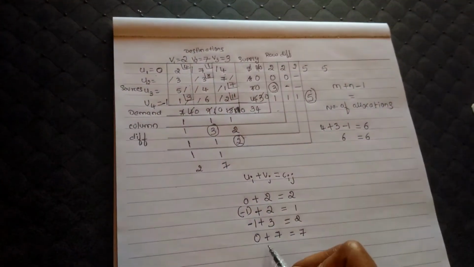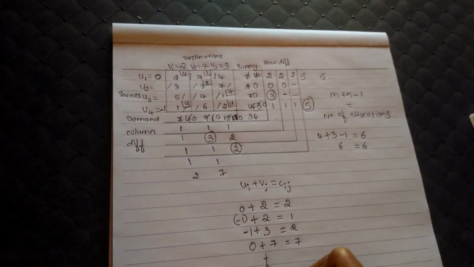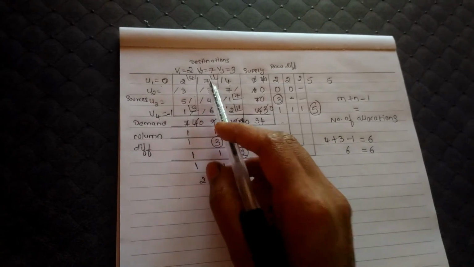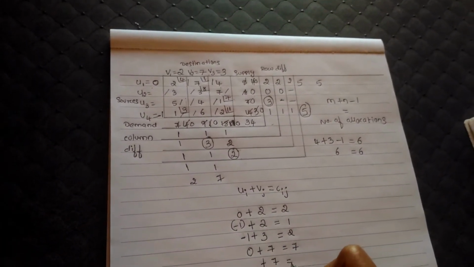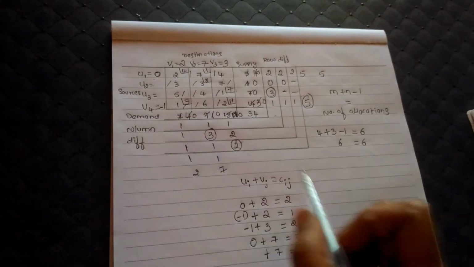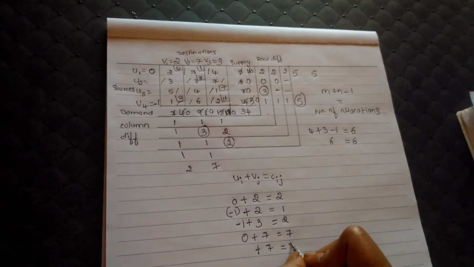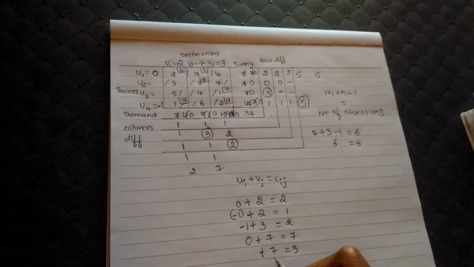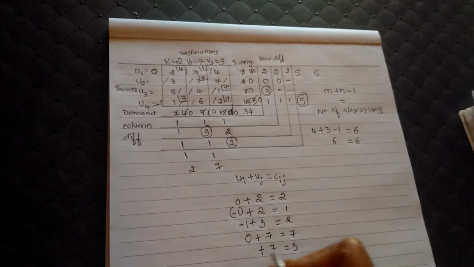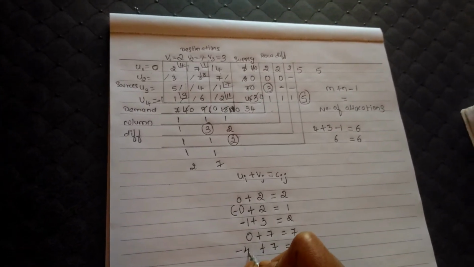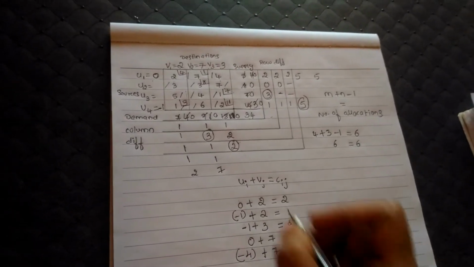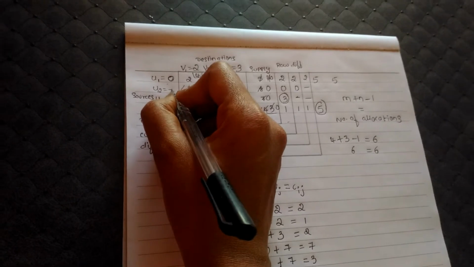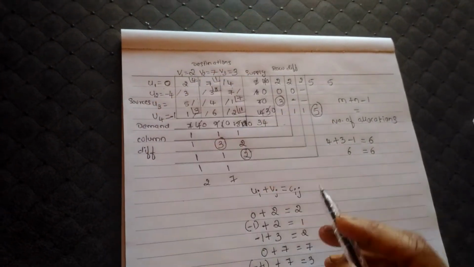We don't know the value of U2, but we know the value of V2, that is 7, and C22 should be 3. What should you add for 7 to come up with 3? It should be -4. -4 plus 7 will give you 3. So the answer for U2 is -4.